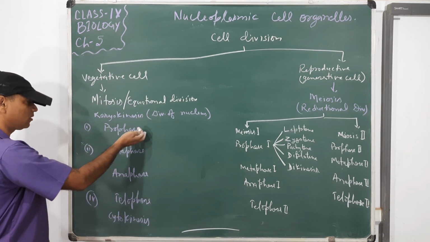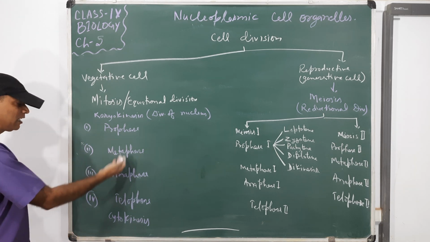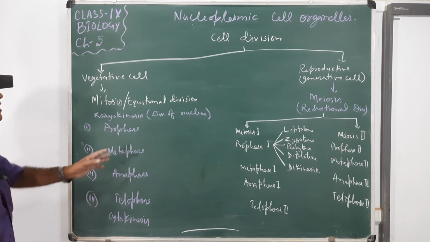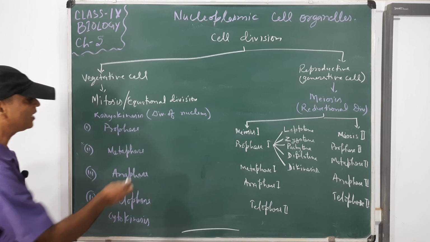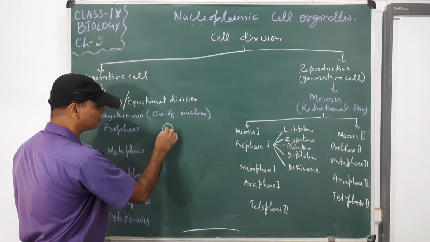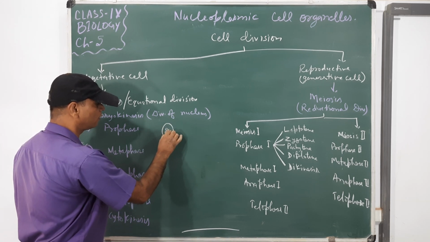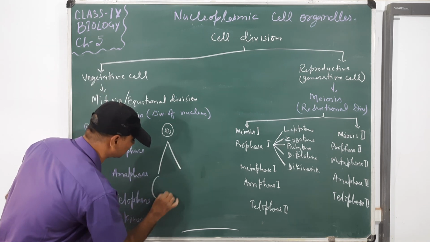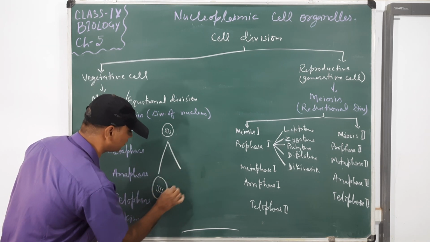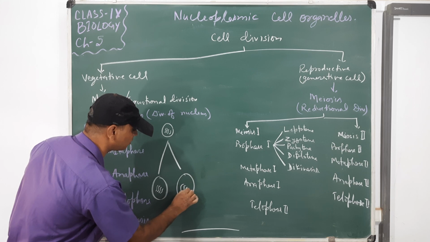So all the activities of cell division take place in these phases. In mitosis, if the number of chromosomes is 4, then after completion the same number of chromosomes is present.